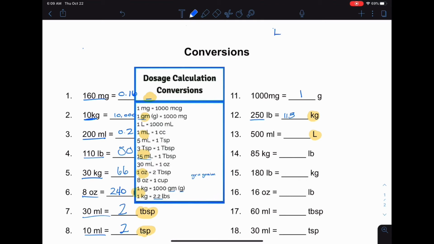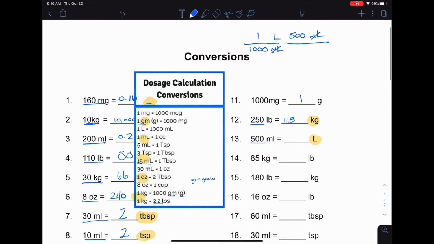Liters up top. 1 liter is equal to 1,000 mils. I want to get rid of those mils. I'm going to put this up top so we can get it to cancel. I can pull in the number I'm trying to convert now, 500. Those cancel. All we're left with is liters. So I can just throw that over 1 and solve the problem.